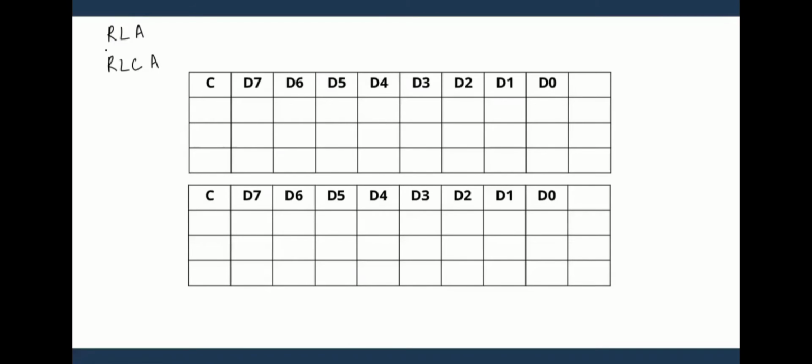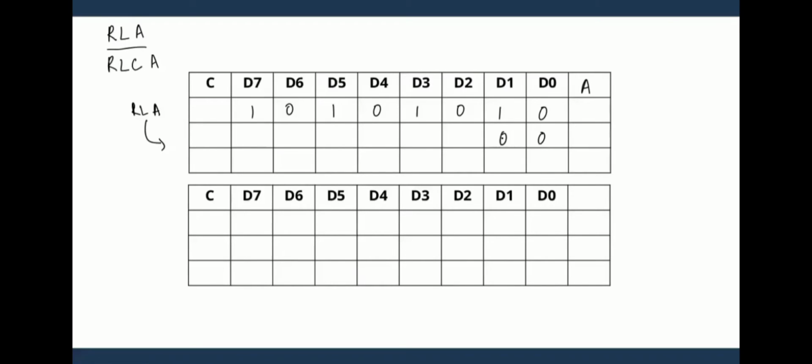In order to explain this, let A contain a particular value, D0, D1, D2, D3, D4, D5, D6, D7. I am giving a random number, and in the carry flag there is no number in this case. In RLA, what is happening? It is rotating left.